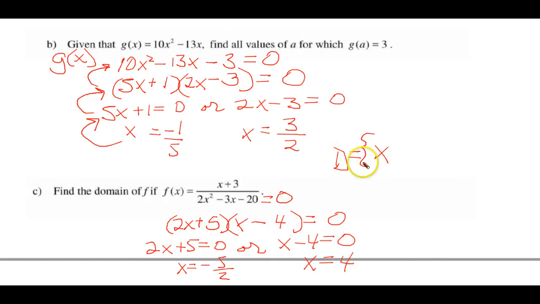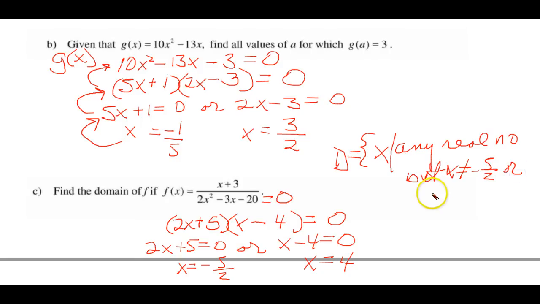So our domain is such that x is any real number, but x cannot be a negative 5 halves, or x cannot be 4. These are the values you would have to exclude in defining your domain. Why?